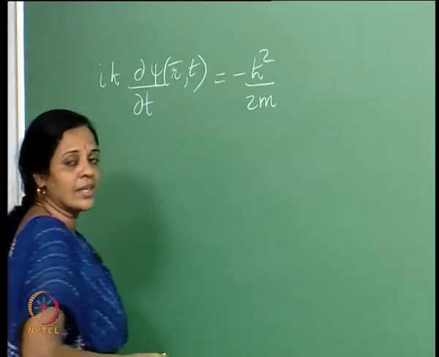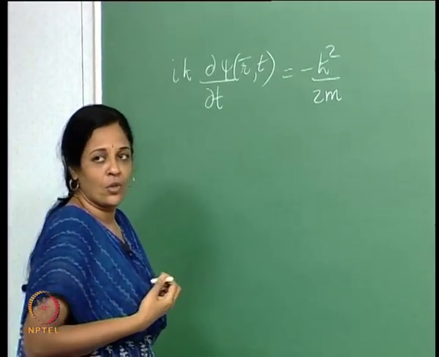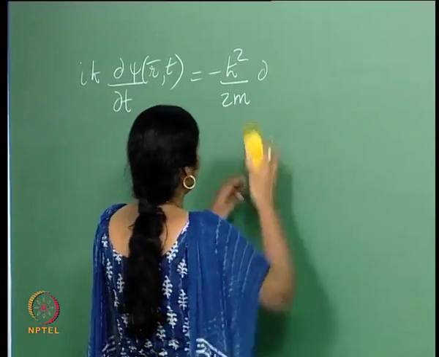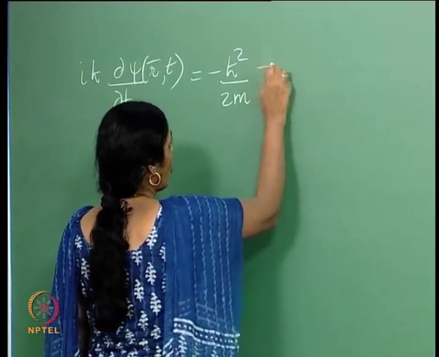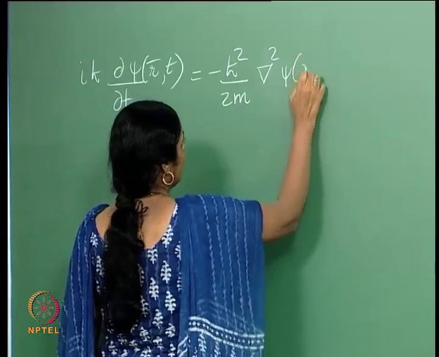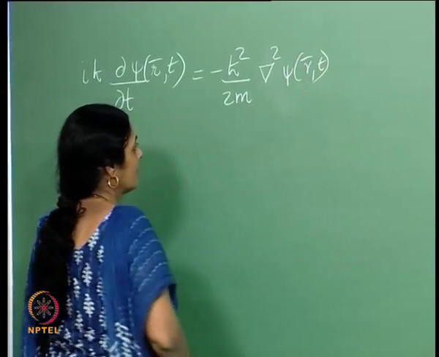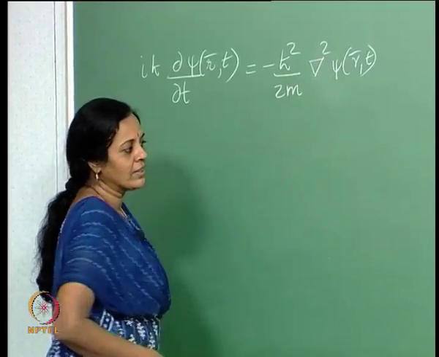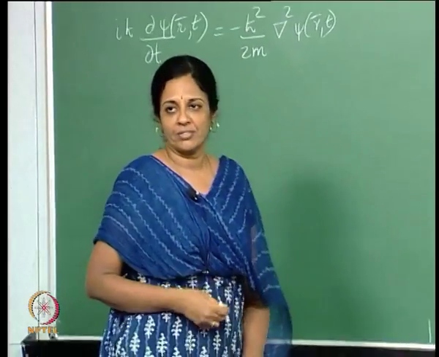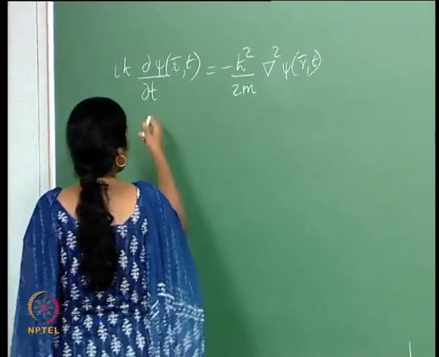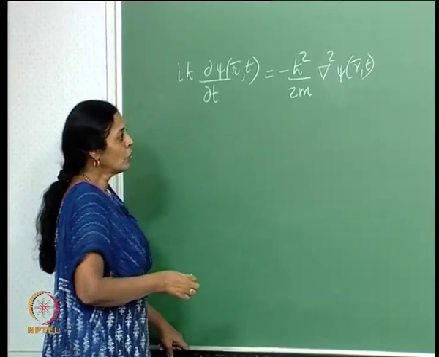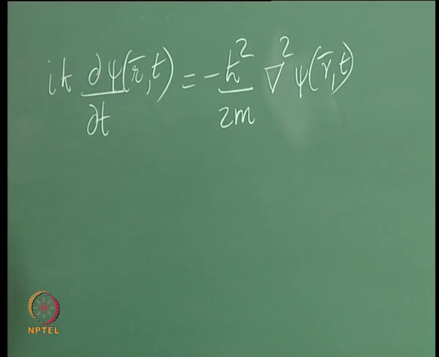And since p itself is minus i h cross del, the differential operator here is replaced by del squared. Where you had delta by delta x, you now have del squared. So, this is the equation for a free particle of mass m moving in 3 dimensions. It is free, therefore, there is no potential term.